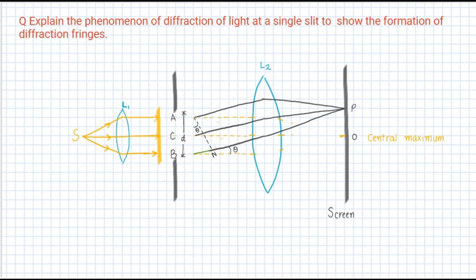So in such a case, where there is an extra path difference coming into the picture, what will happen? The rays which are appearing at this point P, this one and this one, will have a phase difference between them. And if they have a phase difference between them, then it will result in constructive or destructive interference.